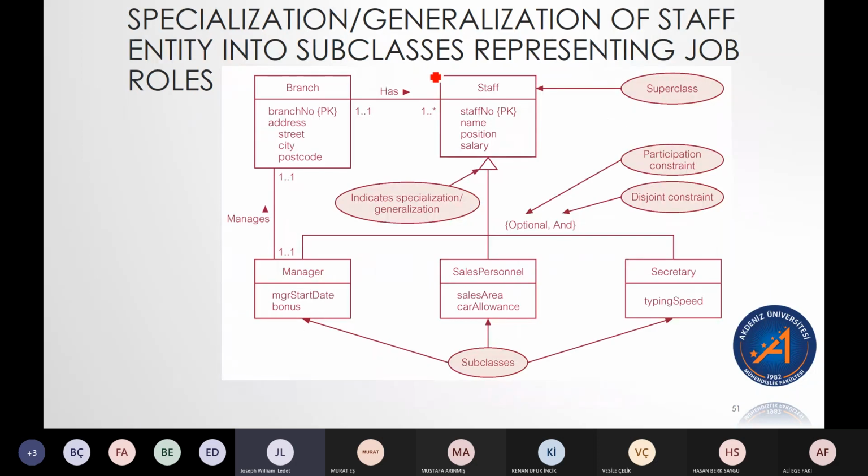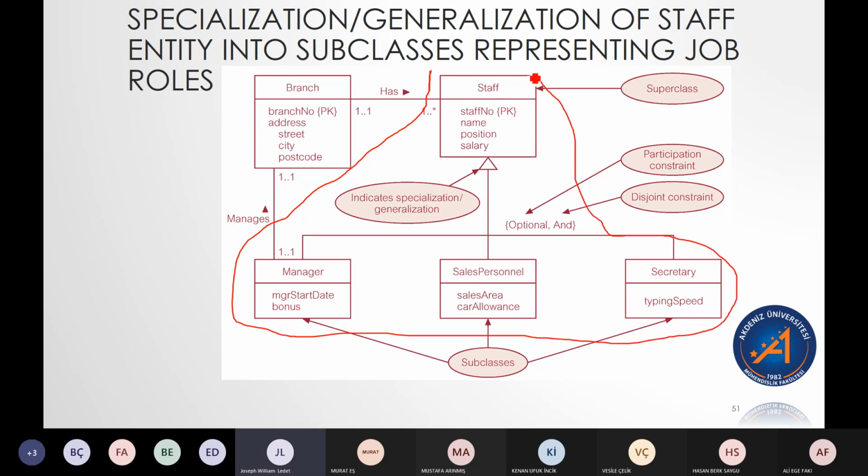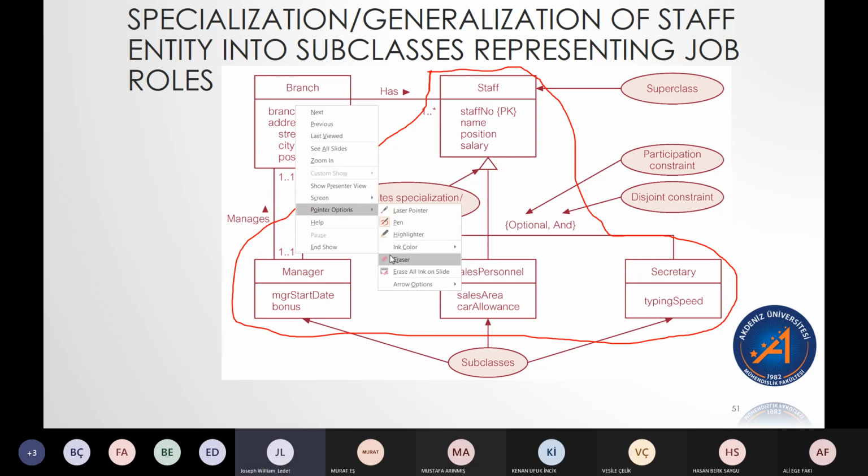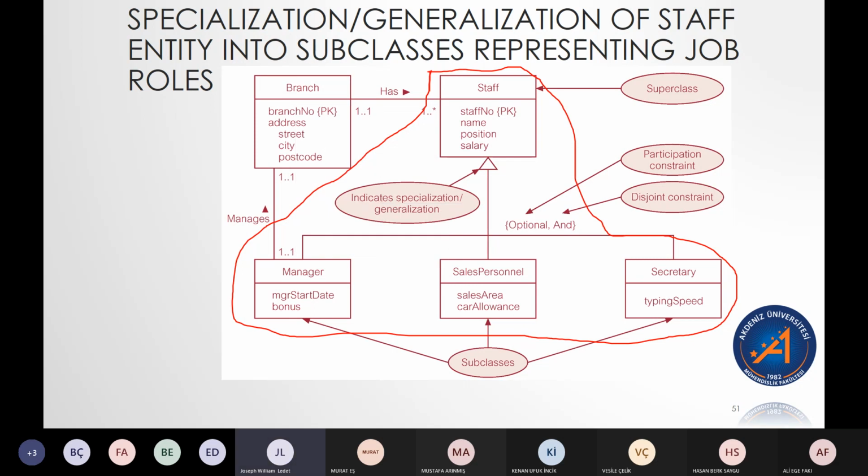So that previous slide is really just covering this stuff here. That's really what it's covering. This branch thing over here is a different entity.